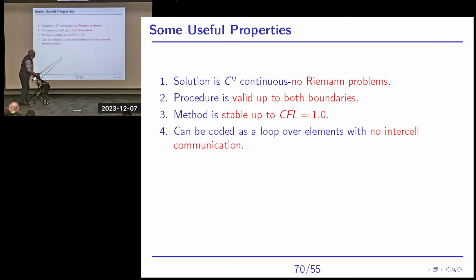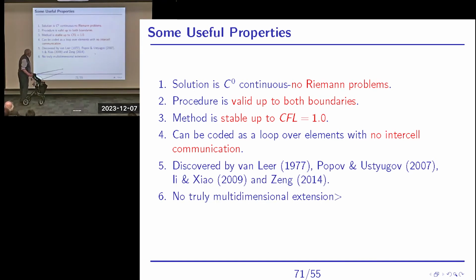When you generalize it, it can be coded as a loop of elements. So you don't have to talk to your neighbor before deciding what to do. And that cuts down on communication overheads. Discovered by Brahm in 1977, subsequently rediscovered by lots of people, all of whom fell in love with it, but none of whom discovered how to make the proper extension to higher dimensions, including, I have to say, Brahm himself, who thought that it was a great idea but, well, what he says is that people talked him out of it.